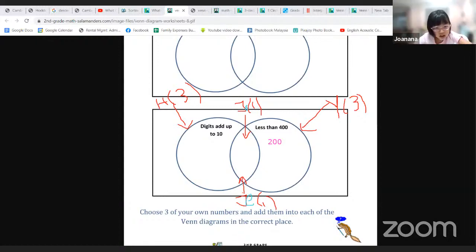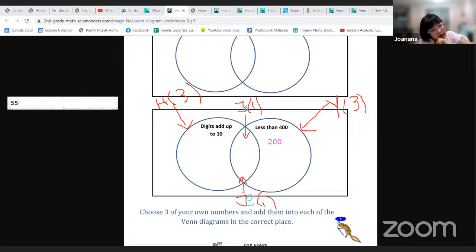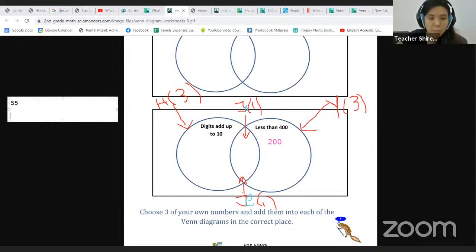Teacher, what is digit add up to 10? Digits add up to 10. You're not paying attention just now. Like for example, 5 plus what becomes 10? 5 plus 5. Very good. Let's say number 6 plus what becomes 10? 6 plus 4.